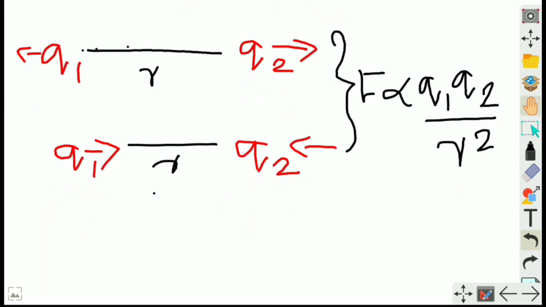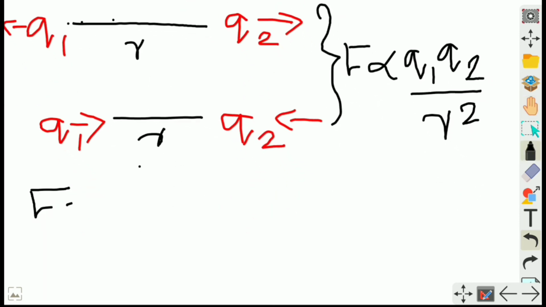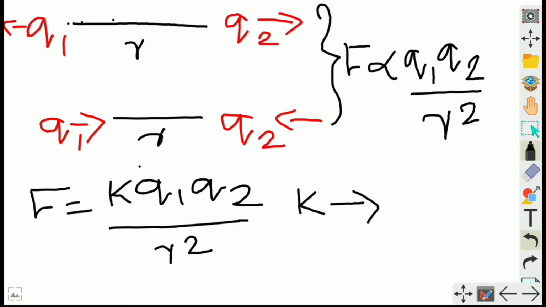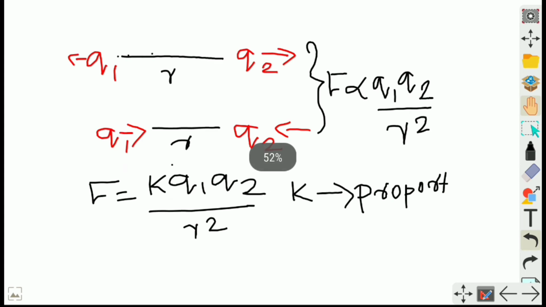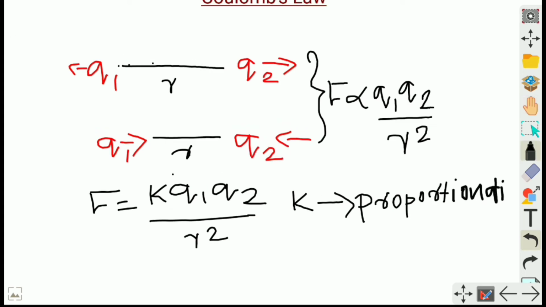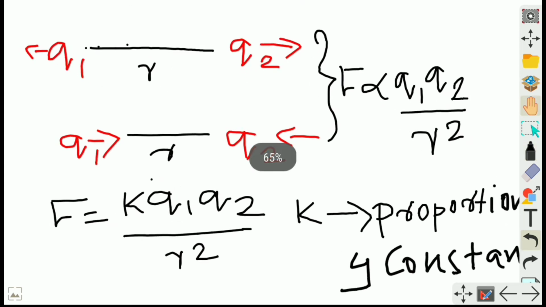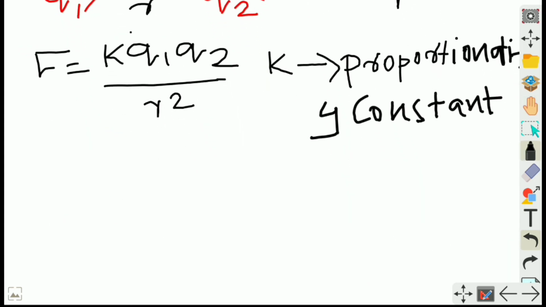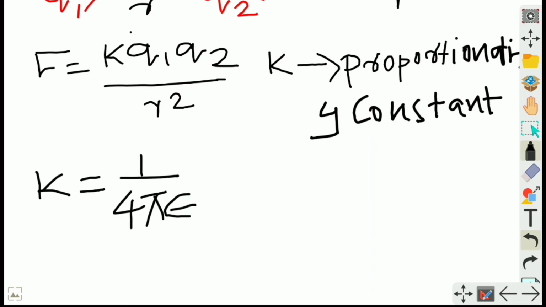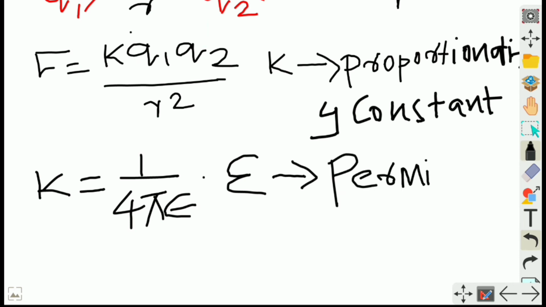Then by Coulomb's law, F is proportional to Q1 Q2 by r square, the force between two charges. Here the proportionality sign is replaced by a constant K. Then F equals K Q1 Q2 by r square, where K is the proportionality constant. The proportionality constant is given by K equal to 1 by 4 pi epsilon, where epsilon is the permittivity of the medium.